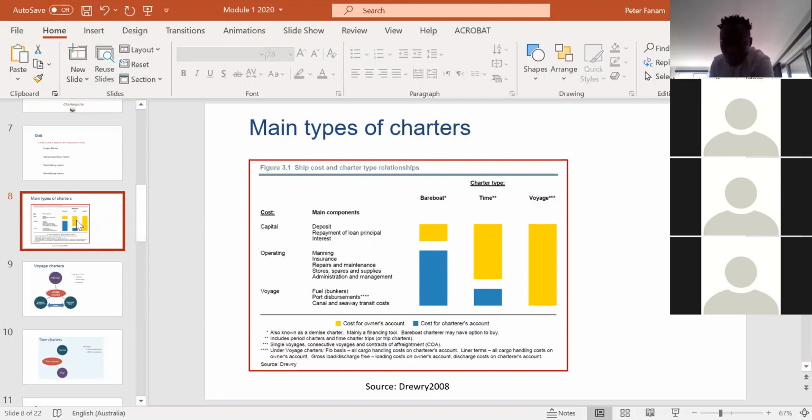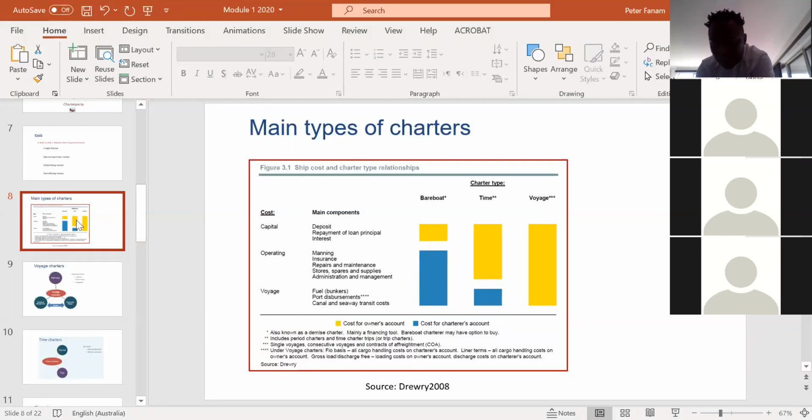And they may also include terms like liner terms. If they include liner terms in the voyage charter party contract, it simply states that it is the ship owner who is going to be responsible for the handling cost. And sometimes they may include gross load discharge free, which may clearly state that the ship owner will be responsible for the loading, and that the charterer will be responsible for discharge.